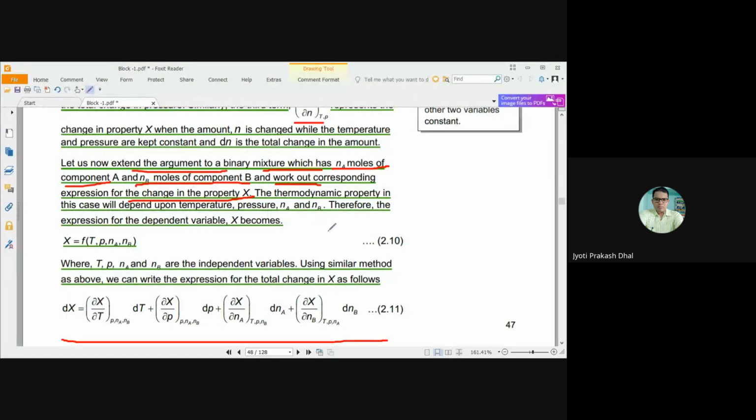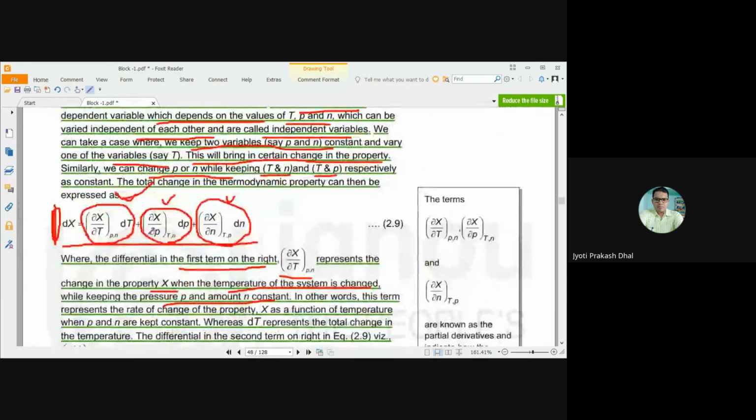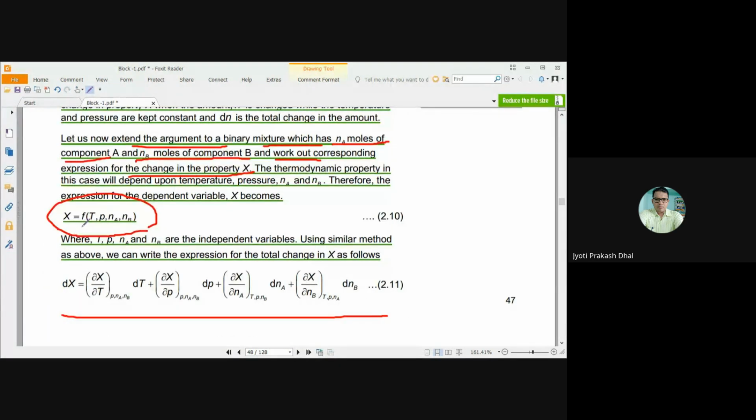So for this binary system, X is a function of temperature, pressure, number of moles of A and number of moles of B. Earlier X was a function of T, P and N, but here X is a function of T, P, Na and Nb because this is a binary mixture.